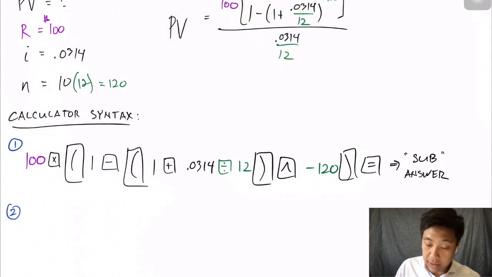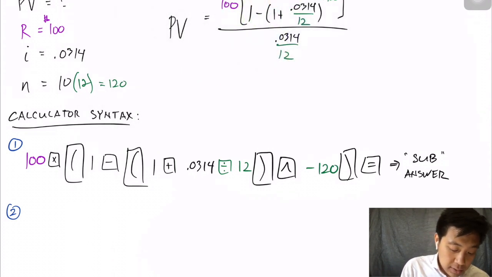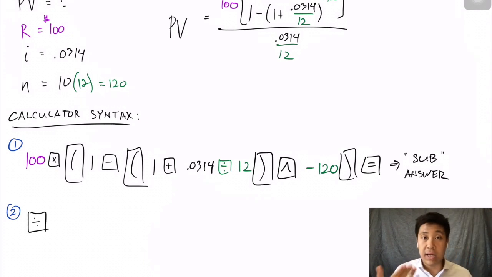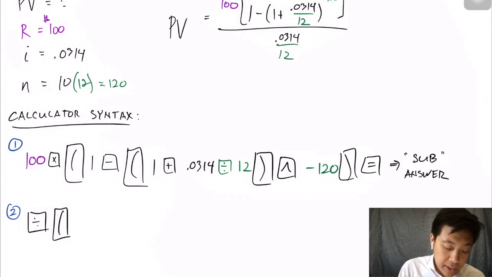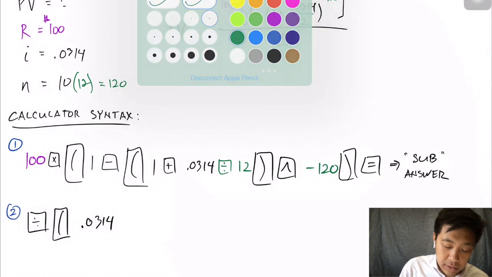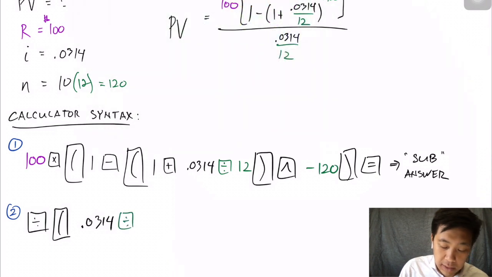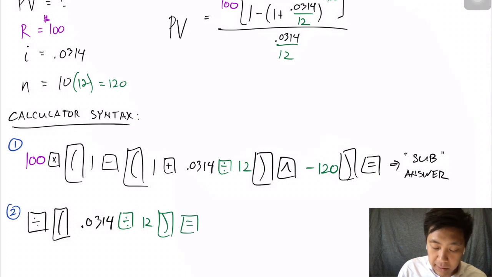So after you get the entire numerator, you hit the answer there. In the same fashion, you hit the divide symbol, open the parentheses because you're dividing by the entire fraction in the denominator, and that's 0.0314 divided by the compounding period, which is 12, and then the equal sign here. And then this will provide our answer to the problem.